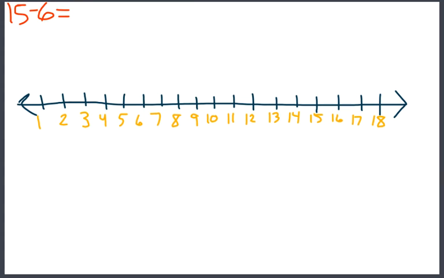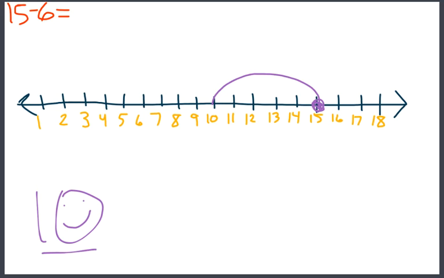Let's do one more. 15 minus 6. We'll start at 15, a teen number. We'll use our friendly 10. 15 to 10. And we see we're subtracting from 15. There's a 5 in the ones. We've gone 5 spaces.